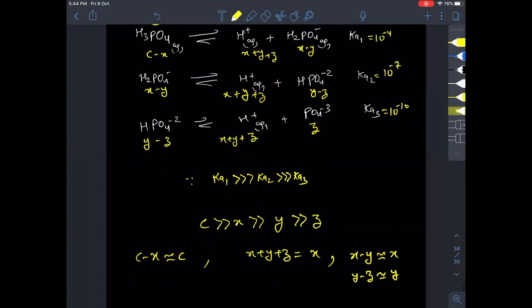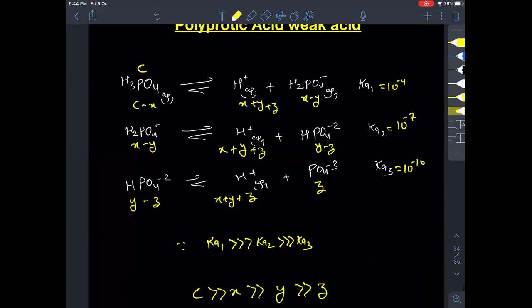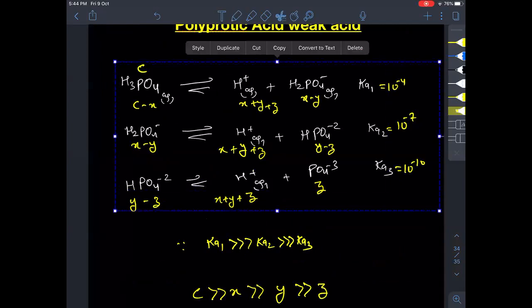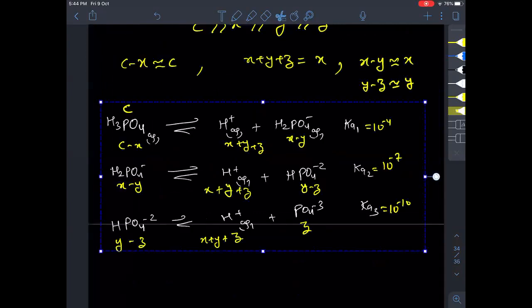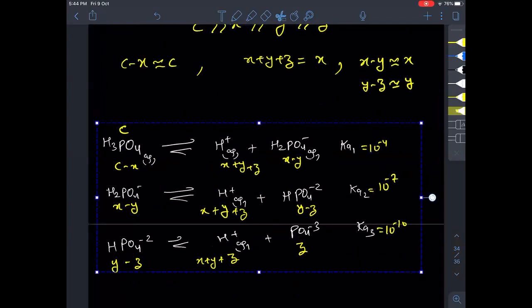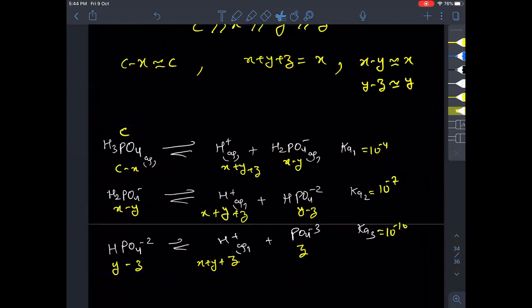So here, the whole thing, whatever we have written over here, that we can conclude with the help of the above assumptions, that this value we can write here in place of this as C. We can write in place of this as x.